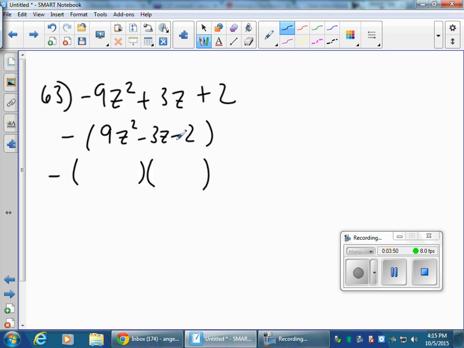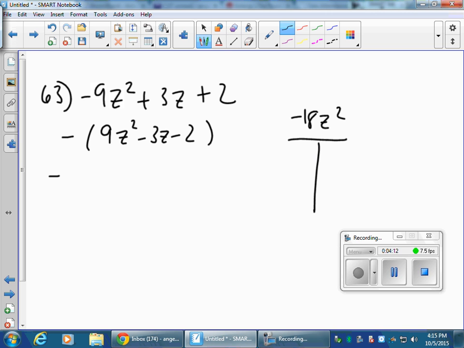9z squared. I'm going to try some different things here. In fact, I'm going to do this by grouping. Might be the easiest way for you guys if you can't see the factors to start with. So let's try this. What you can do is multiply the first number times the last number. 9z squared times minus 2 is minus 18z squared.